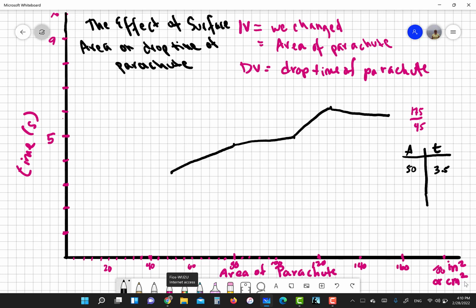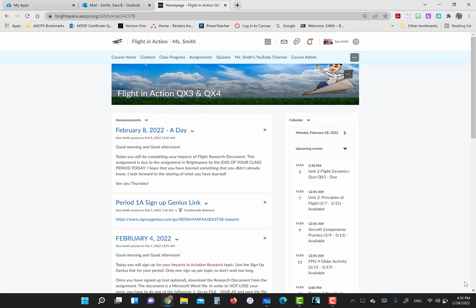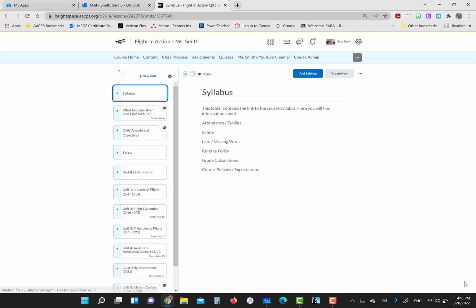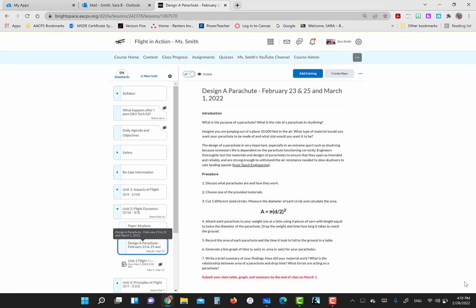So once you make your graph, you're going to go into Brightspace. I think I have that open here. And you're going to go to Content. And we're in Unit 2, Design a Parachute. And number 7 is write a brief summary of your findings.